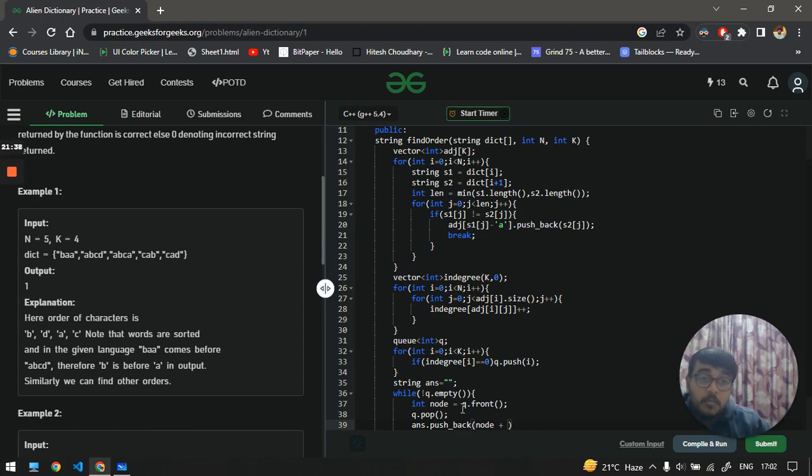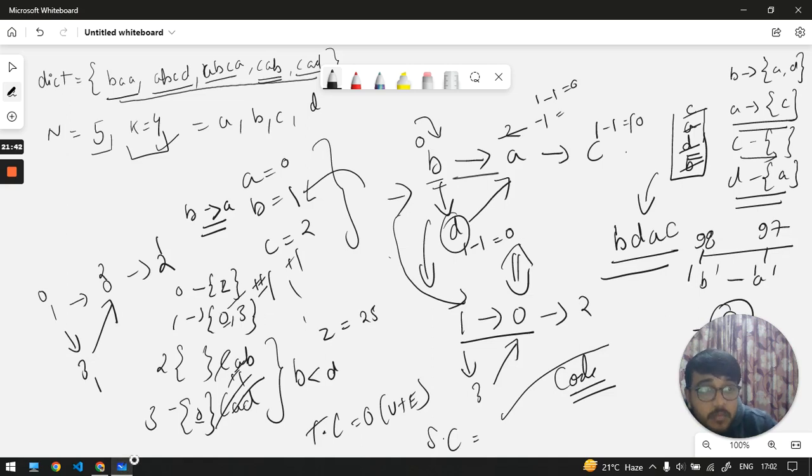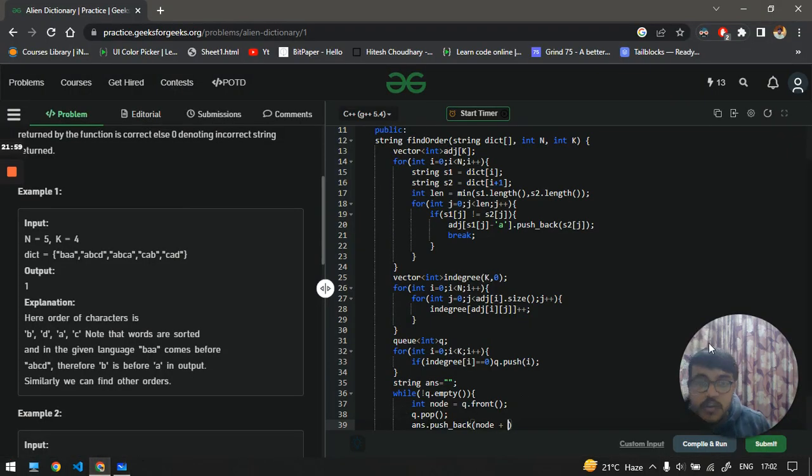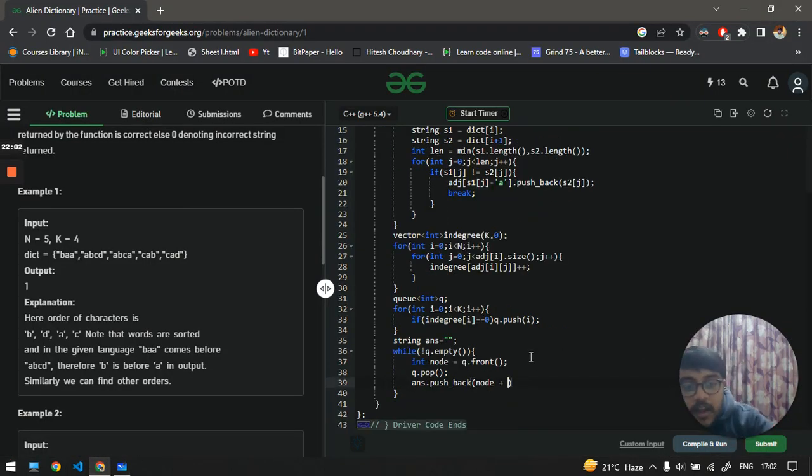Since when I needed the number of the character I was subtracting character A, now if I need my character back I'll just add a number to this, suppose 2, so eventually it will give me C. So here I'll just add character A to the answer.